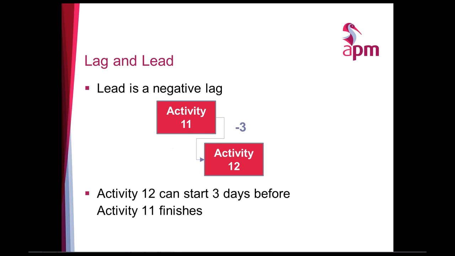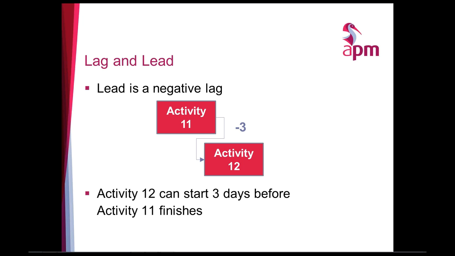The opposite to a lag is a lead, and basically a lead is a negative lag. You can see in this example here that activity 12 can actually start 3 days before activity 11 finishes, even though they're on a finish-to-start relationship.